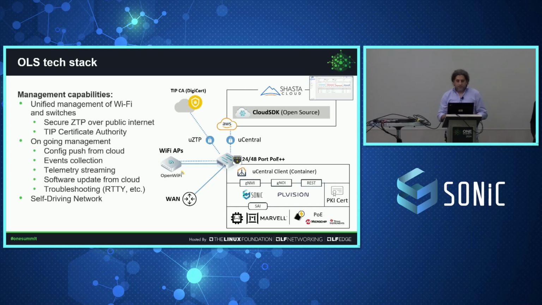Two important things here. First is zero-touch provisioning over the open network. This allows the cloud to identify the switch in a unique manner and make sure that it belongs to it, and it redirects it to the right controller. And the TIP certificate authority is also used in that process. And ongoing management is what the cloud management is used for: to configure the switch, to read the status, to do telemetry readings, to do software updates.